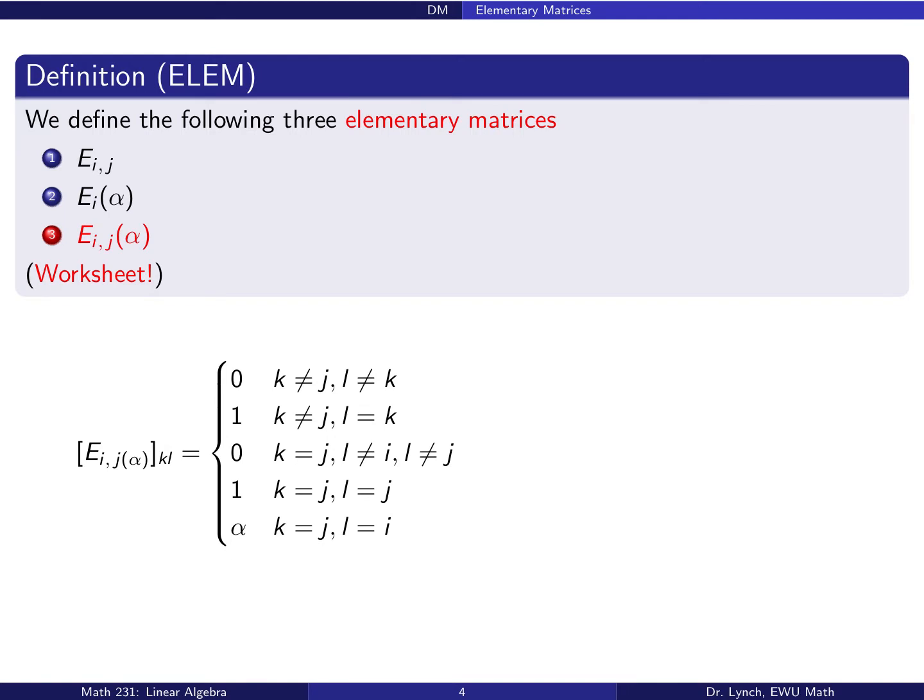And there's a matrix E sub I j alpha that has the effect of multiplying row I by the constant alpha, adding it to row J, giving us a new row J, and leaving row I alone. Again, an opportunity for you to play with those a little bit on the worksheet.